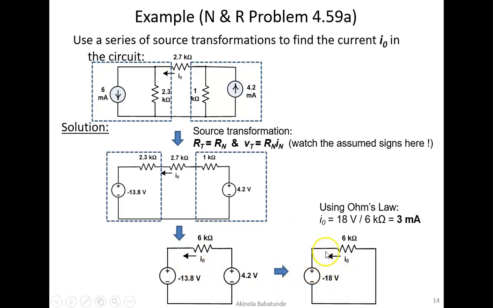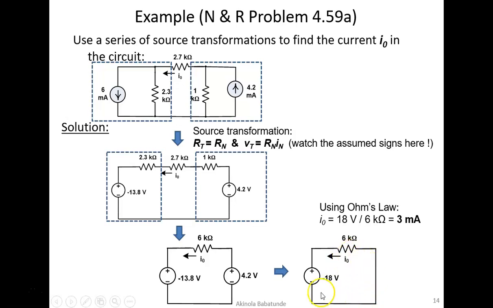Otherwise, you can also apply KVL to this circuit and draw your closed path flow of current in the clockwise direction. If you do that and you apply KVL, KVL tells us that when we are traversing from negative to positive, the voltage is going to take a negative sign.